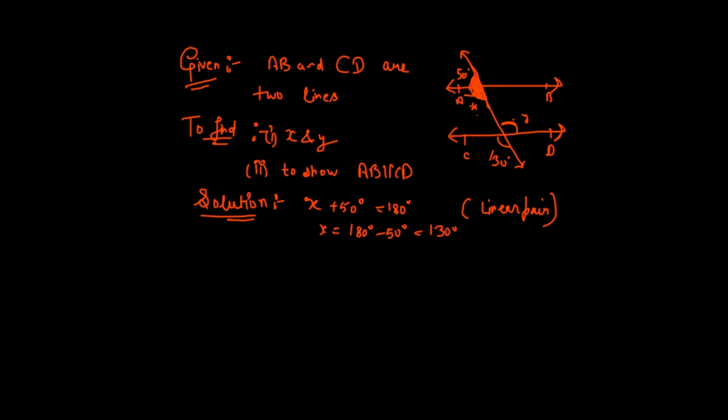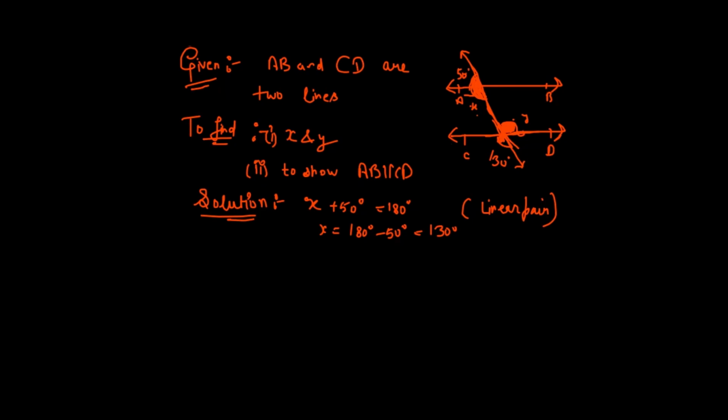Now come to the next question. अब y की वैल्यू निकालनी है. We have to find y. The problem is that you can't find y directly. You can use the logic here: these are two lines and they are crossing each other, and these are vertically opposite angles. It means that they should be equal.